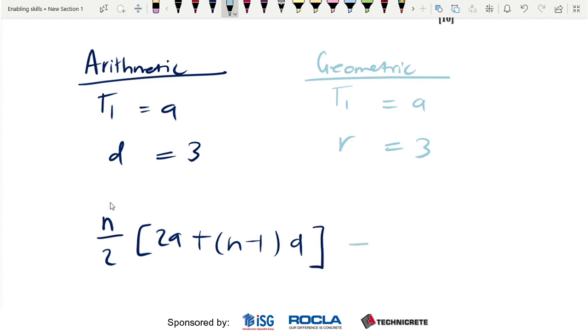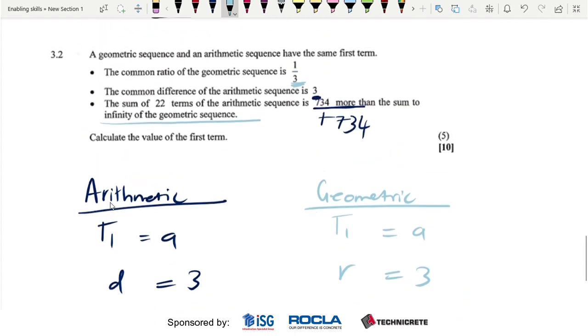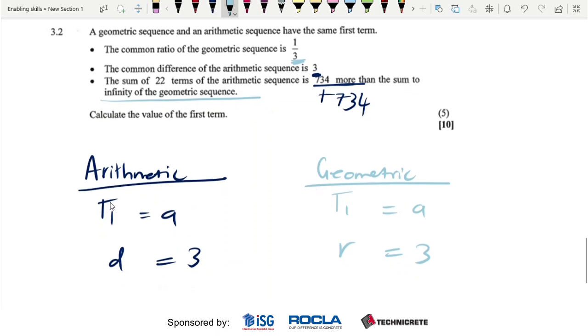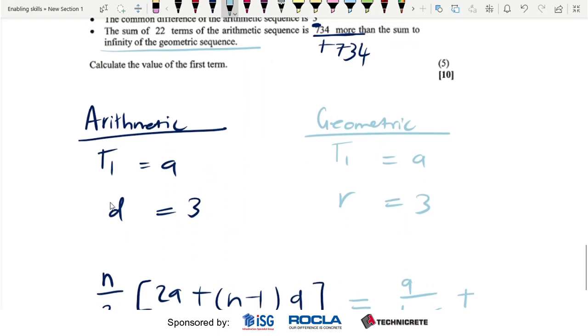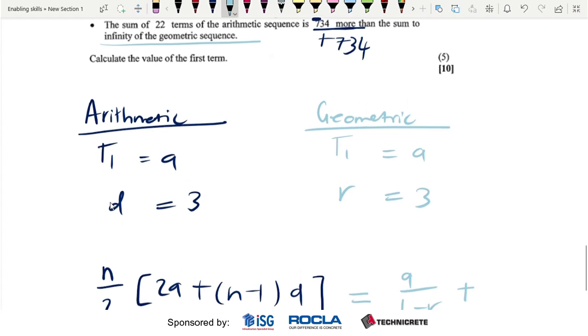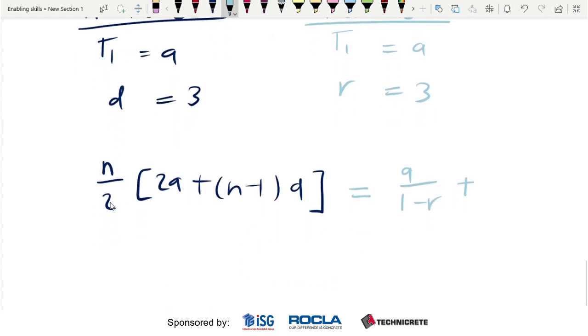And we know that the sum to infinity for a geometric sequence is a over 1 minus r, and we're told that the sum of the 22 terms is 734 more than the sum for a geometric sequence. So this is plus 734.